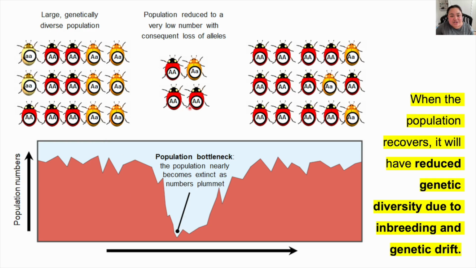This small population will be significantly affected by genetic drift, so random allele fluctuations due to chance, and also inbreeding, mating with close relatives. So even when the population numbers recover and bounce right back to the pre-catastrophe numbers, the gene pool's genetic diversity will be severely limited. The gene pool of the post-catastrophe population will not be representative of the pre-catastrophe population's gene pool.